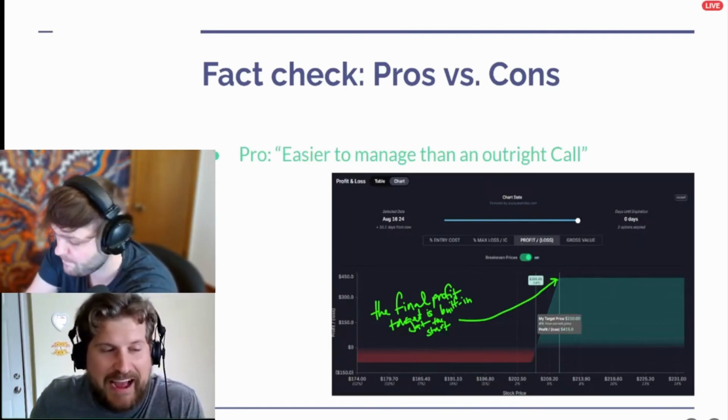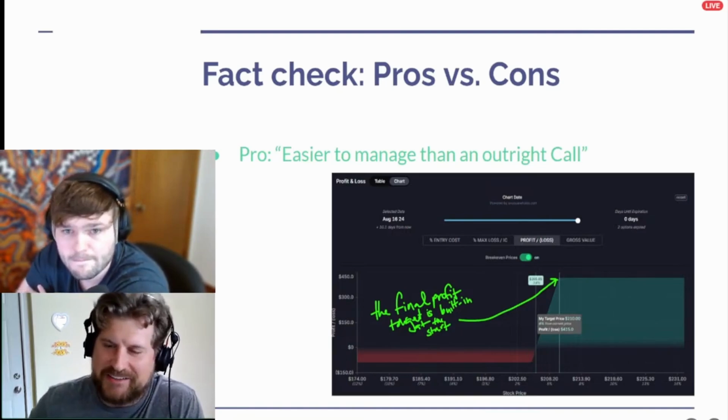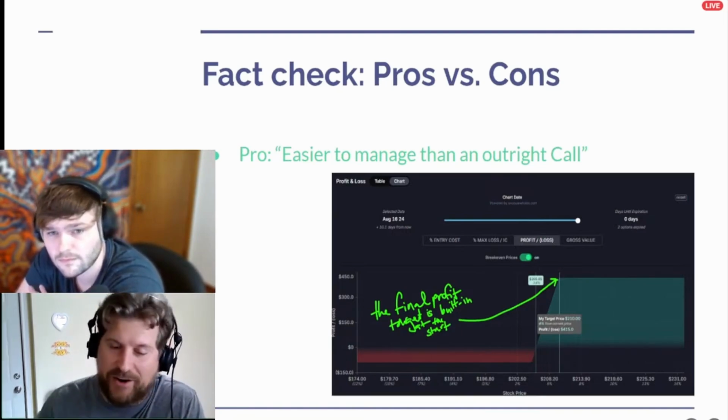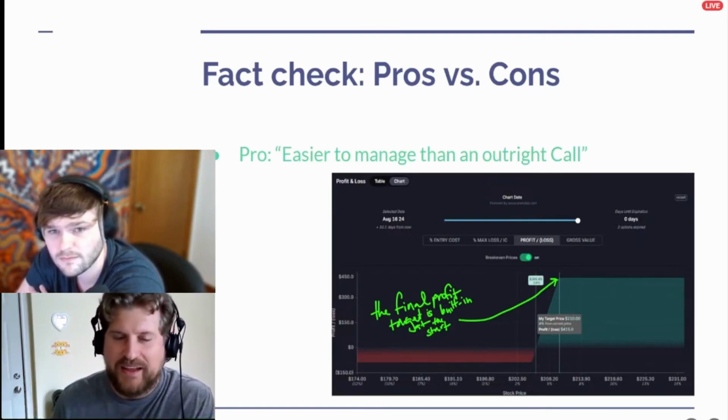So I think it's potentially a good structure for lots of different scenarios. Earnings comes to mind right away.